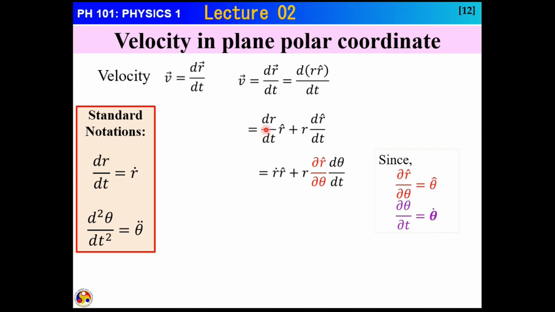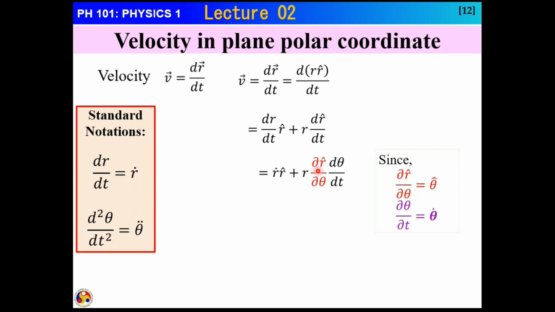Here dr by dt is r dot r cap, plus here d r cap by dt is a bit difficult because we don't know the variation directly with t, but what we know is that r cap is a function of theta, and we know that very well.